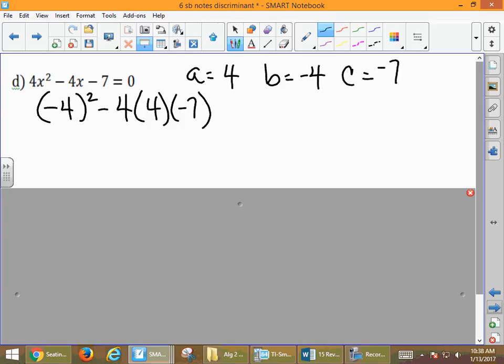Negative 4 squared, if you're typing that in the calculator, you must use parentheses. That's 16. 4 times 4 is 16 times negative 7 is negative 112. Double negative gives us positive. And 16 plus 112 gives us our discriminant value of 128.